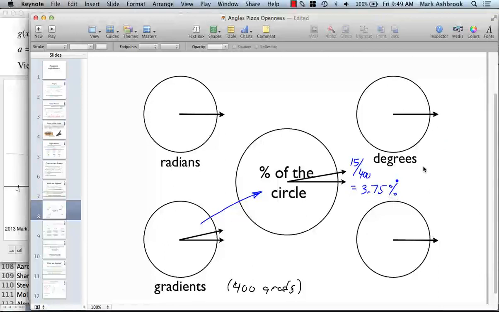So you want 3.75% of 360. Is that right? So 0.0375 times 360. And what'd you get? 13.5 degrees.